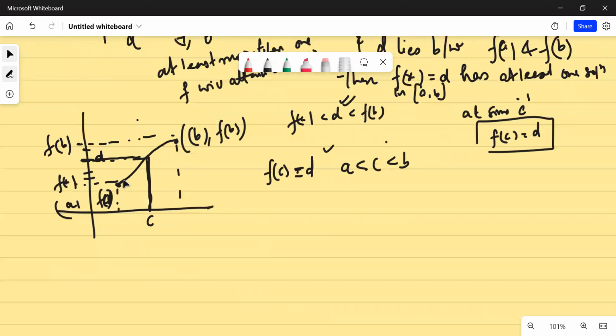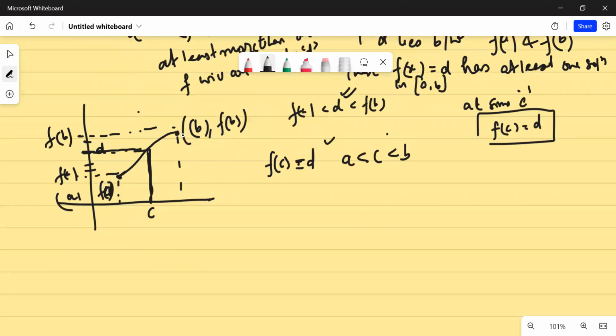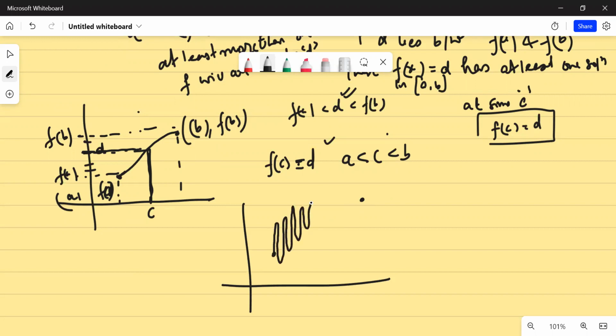Now I am saying it is not necessary that a continuous function goes in this trajectory. It is very possible that your continuous function wiggles infinite times and then ends up at B. Is that clear? Now, if I take an intermediate value D between f(a) and f(b), will my function be equal to D?